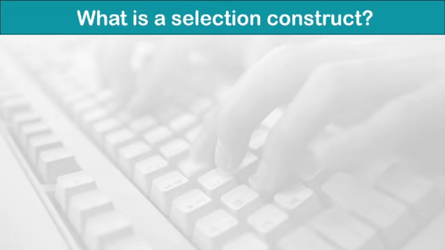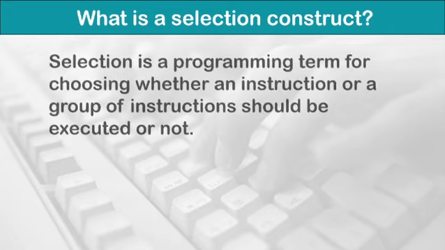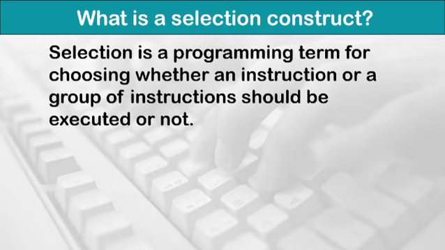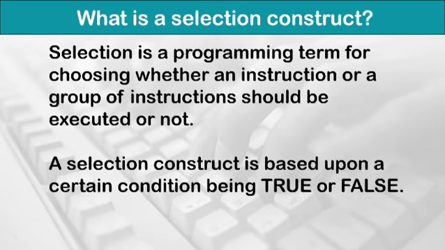What is a selection construct? Selection is a programming term for choosing whether an instruction or a group of instructions should be executed or not. A selection construct is based upon a certain condition being true or false.